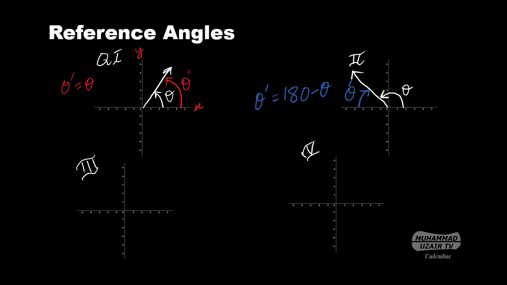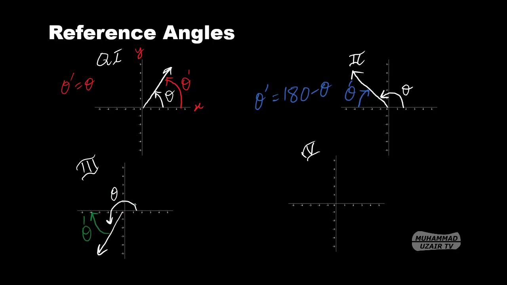In the third quadrant, this will be the third quadrant. Let's suppose this is a line making an angle theta. So this will be the reference angle.